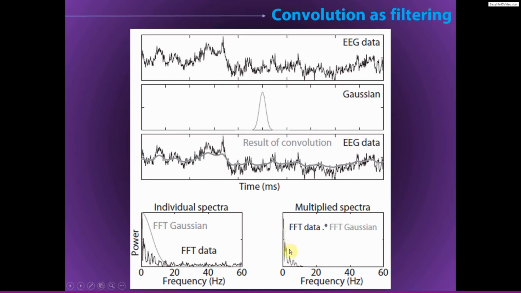As we go to higher and higher frequencies, they're more and more attenuated because the Gaussian is going down. And by the time we get to 17 or 18 hertz or something, the frequency representation of the Gaussian is basically 0. And so the pointwise multiplication of these is basically 0. So we're just eliminating all of these higher frequency components of the signal. And that is why the result of convolution gives us this low-pass filtered version of the signal.